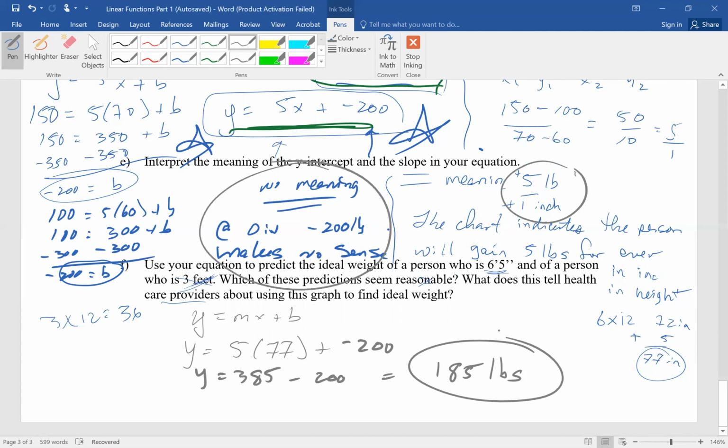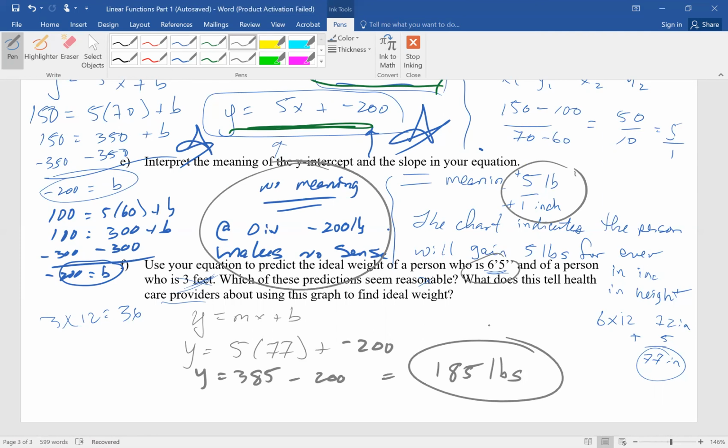And our final answer for somebody that's 6'5": I'll ask you all of these questions, and hopefully you can communicate. That's part of being in the math class, I'm trying to get you to communicate what exactly is going on, not just say 185 puppies.